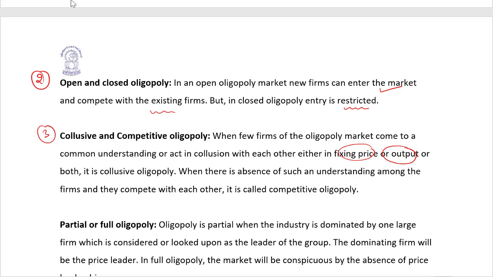Competitive oligopoly is basically the case of absence of understanding among the firms, where they compete with each other, and this is a natural situation. So, when firms of an oligopoly market come to a common understanding or act of collusion with each other of fixing the prices and output, or even both, it is a collusive oligopoly. When there is an absence of such understanding among the firms and they compete with each other, it is called competitive oligopoly.